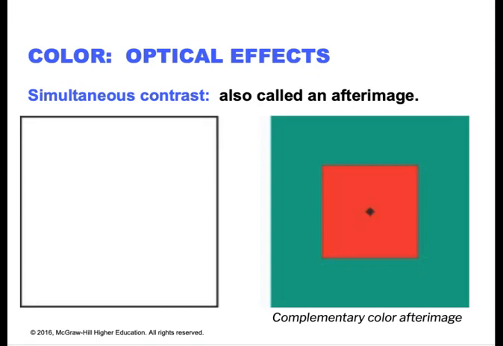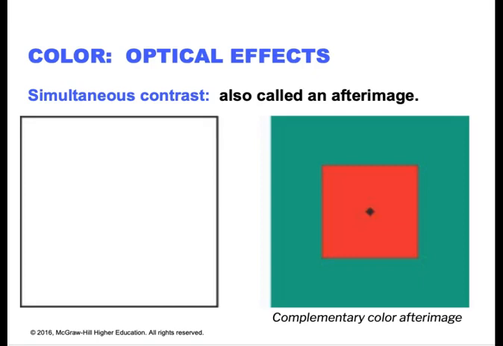If you do this right now, just stare at the black dot. Keep staring as I'm talking, or just stare at it. It doesn't actually take that long for your eyes to do this. Your eyes are absorbing only the red and only the green, right? But now, switch your eyes over and look at the white box and stare at it for a minute right in the middle of the white box. Just let your eyes kind of blur and stare.